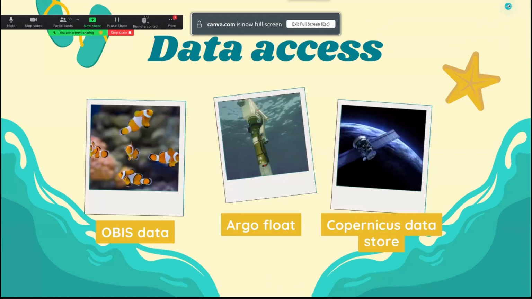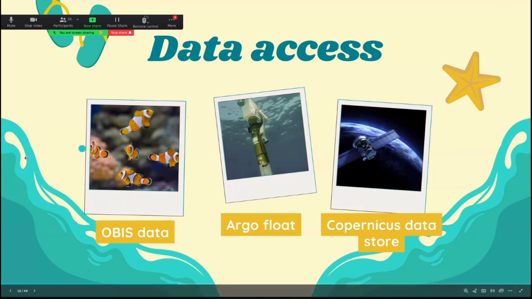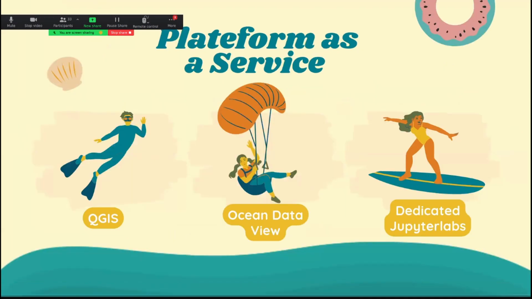So I showed you the different tools that we have in Galaxy. We also have data access tools. For instance, you can directly have access to Copernicus data store data, a tool that can access Argo float data for physical marine data, and also marine omics data with the OBIS network.